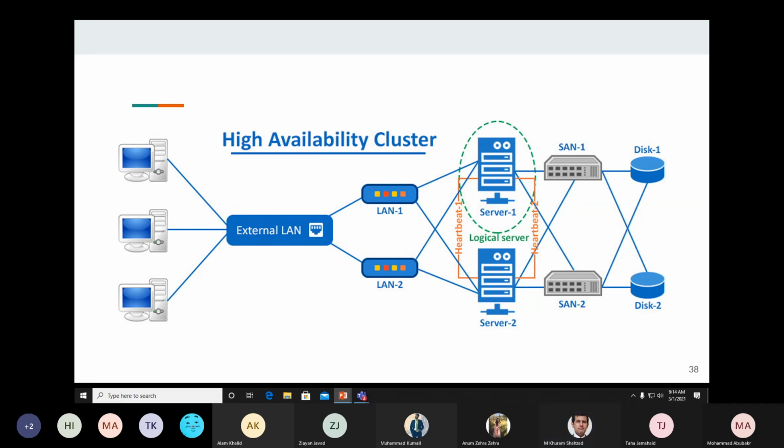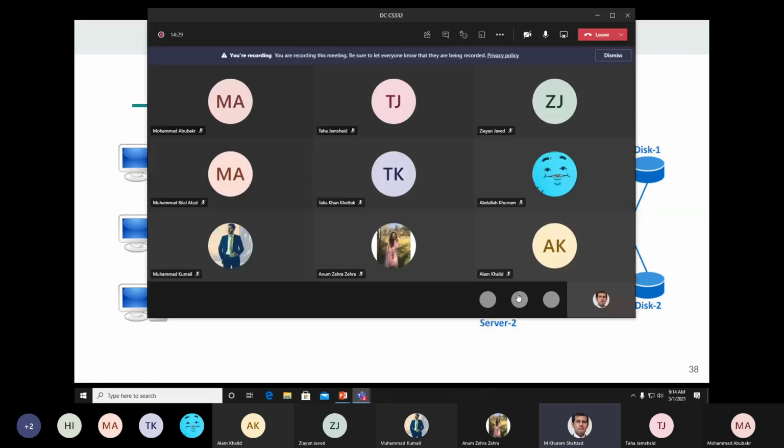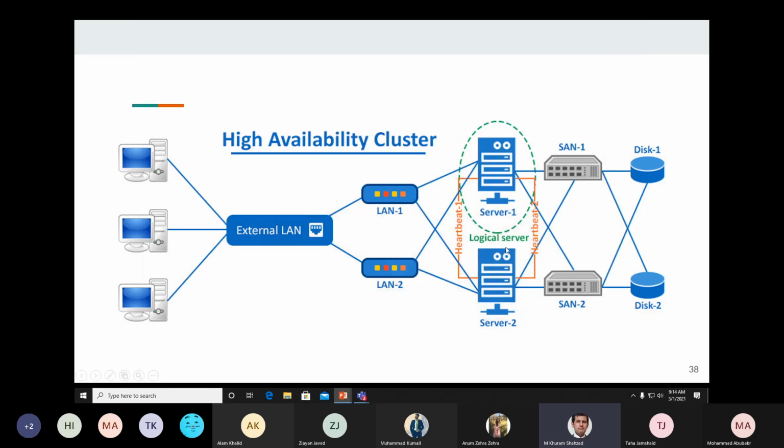Anyone, maybe from online? There are two servers. Because for any service you have to go to some server. So if a server is unavailable, what are we going to do? In this case we want to create another logical server, so that if server 1 is not available, then these requests can be forwarded to server 2.